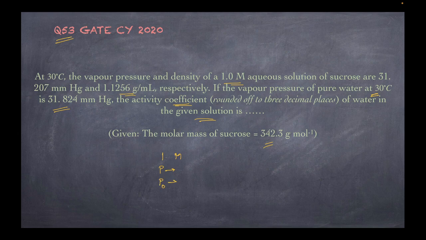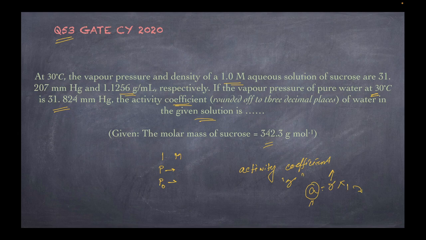So basically the activity coefficient is expressed by the symbol gamma, and the expression is a = gamma times x1. That means a is the activity of the solvent in our solution, gamma is the activity coefficient, and x1 is the mole fraction of the solvent in our solution, that means the mole fraction of water in our case.